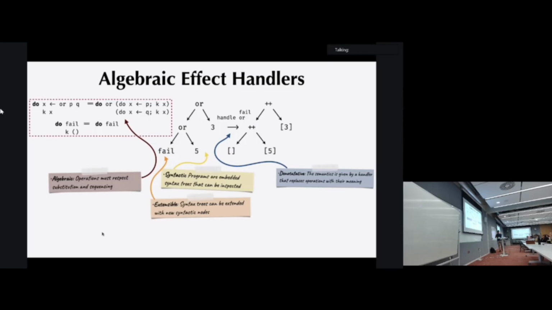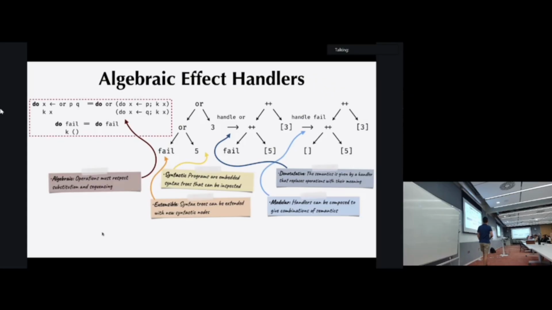In a programming language today, you might write a language, and then in some sense, the syntax of your language is fixed. You can't add new syntax nodes to your language. But with algebraic effects, the idea is that you should be able to add new nodes, new kinds of things into your language itself, and interpret them. So we're back to Landin's 700 programming languages idea. They're modular, which means that the semantics of your term aren't just given monolithically.